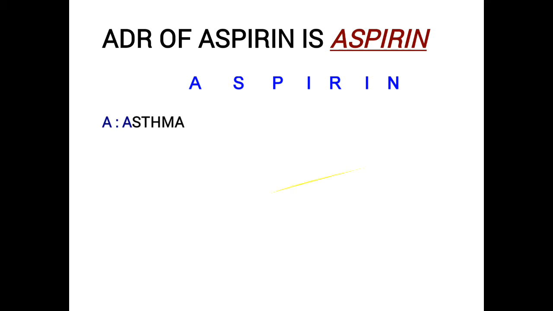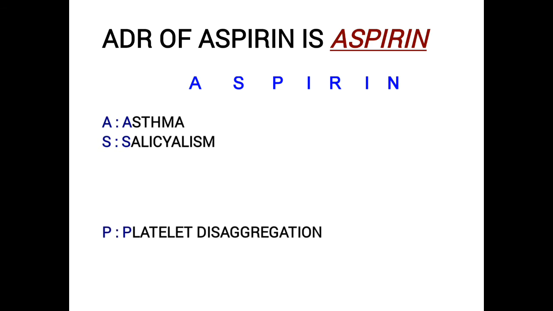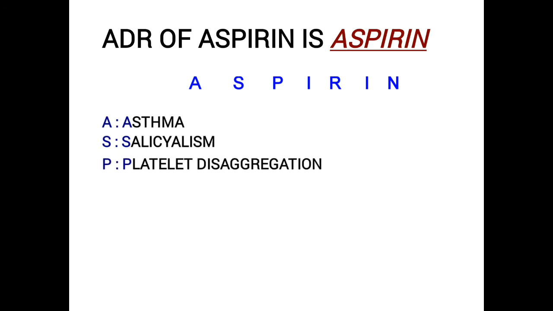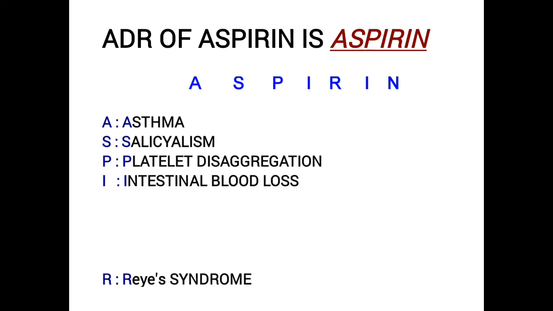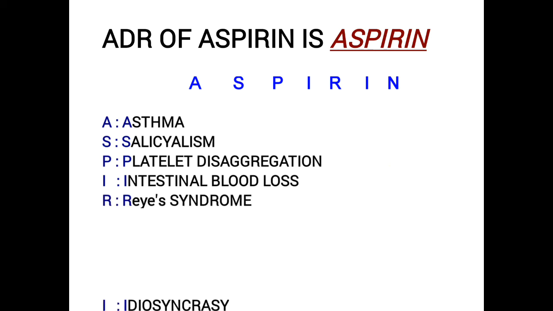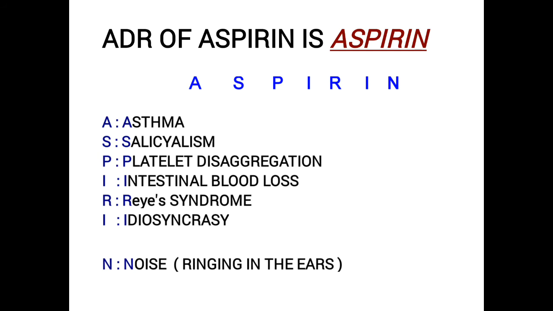And what is there for S? For S, it is salicylism. And what's there for P? For P, platelet disaggregation. And what's there for I? Intestinal blood loss. And for R, it is Reye's syndrome. And for I, idiosyncrasy or idiosyncratic reaction. And for N, noise, that is ringing in the ears.